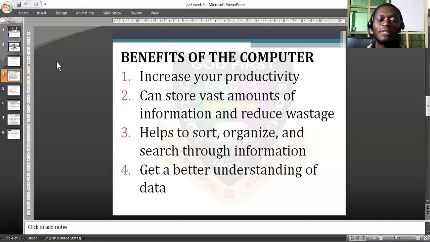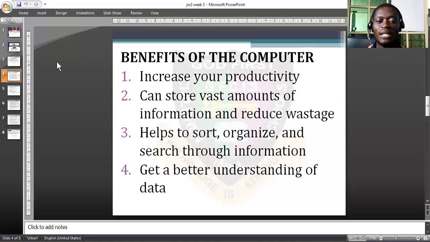Now, one of the advantages or benefits of the computer is that it increases your productivity. Computer helps us to increase our productivity through the way we process our information, the way we gather our facts and our data.